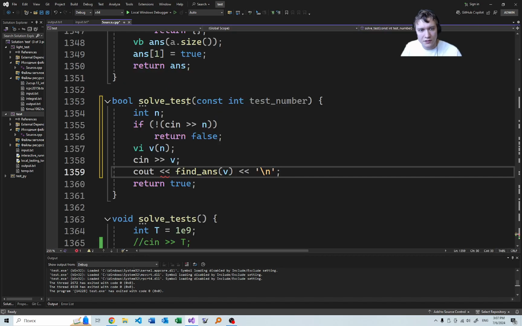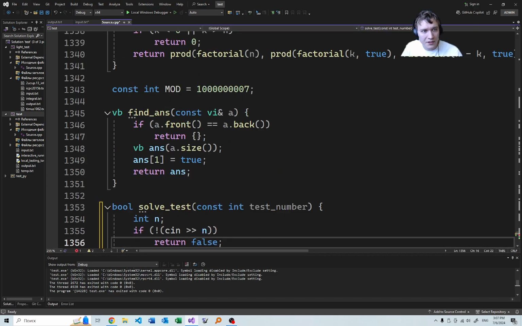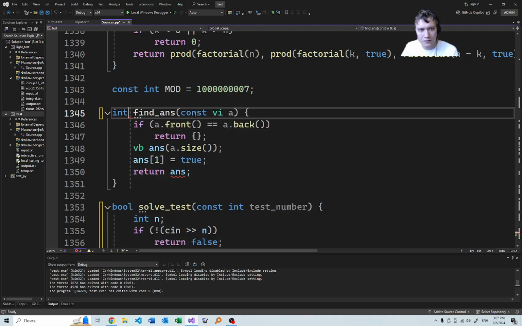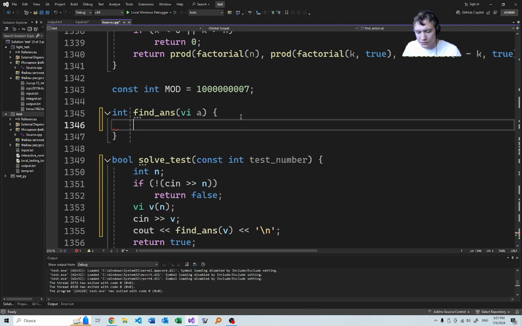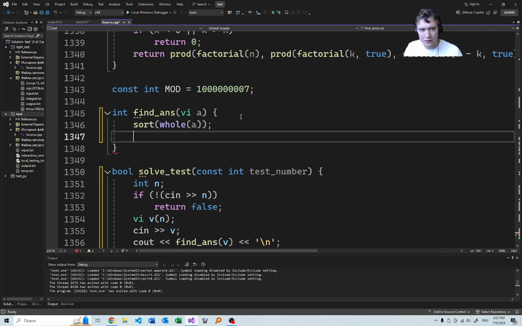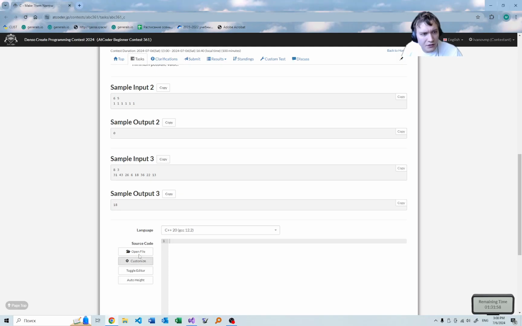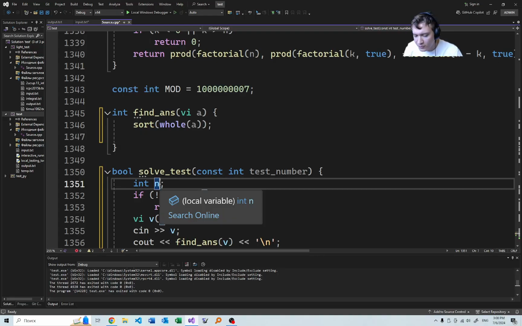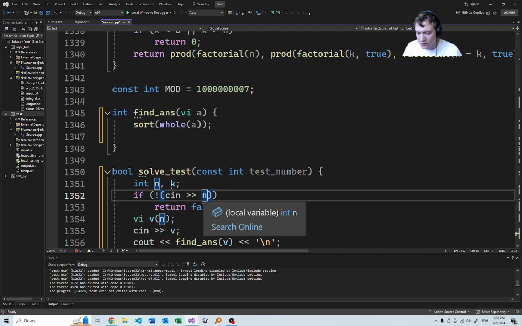So what do we need here? We need to return an int. Here we need to sort the whole A, and we also need K. So K is the number of removed elements, as far as I know.